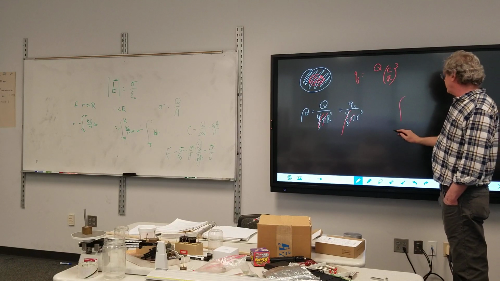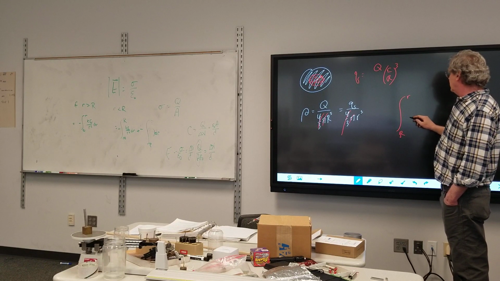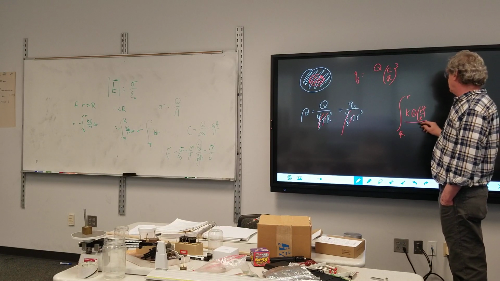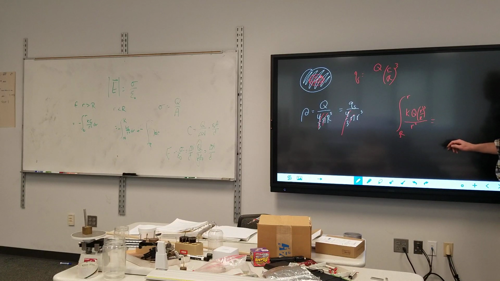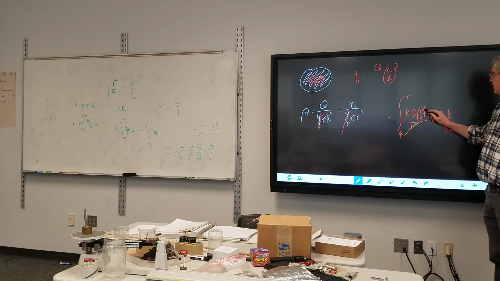So my integral for the second part is from big R to little r of k big Q little r cubed over big R cubed, over r squared. K is constant, big R is constant. That r squared cancels out with that cube related to this.